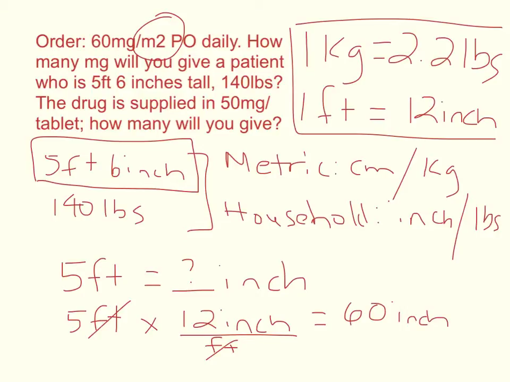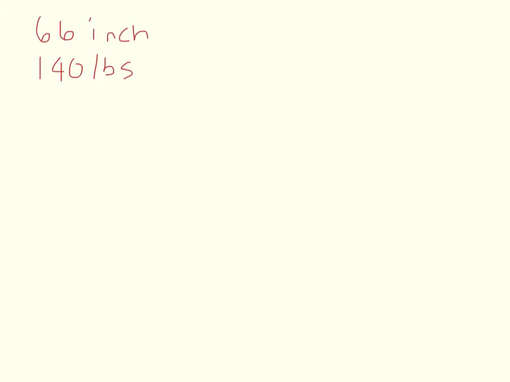So 60 inches divided by 1 foot, or just 1 at this point, is still going to give you 60. But remember, the patient is 5 feet 6 inches tall, so we have to add an additional 6 to completely get the individual's height. So 5 feet 6 inches actually converts to 66 inches.